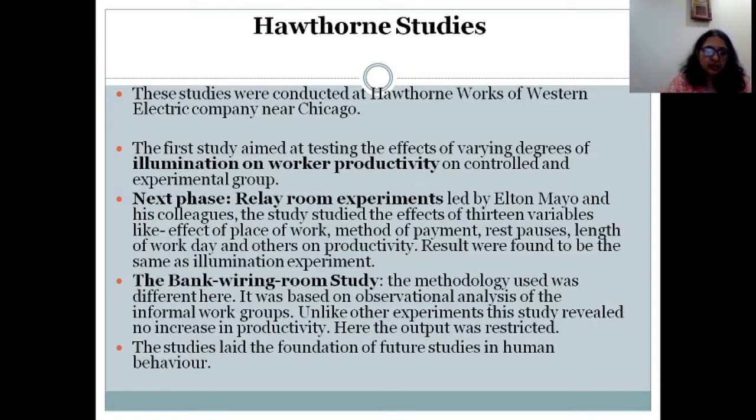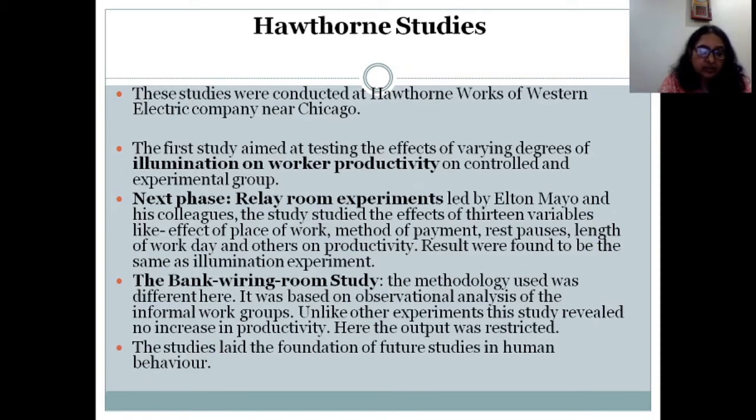So, the second experiment, called the relay room experiment, was followed by the illumination studies. Now, in the relay room experiment, again the test group was selected, and here the operators assembled the relay switches.